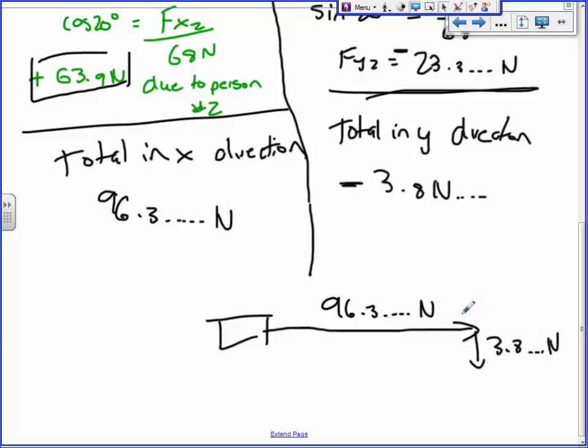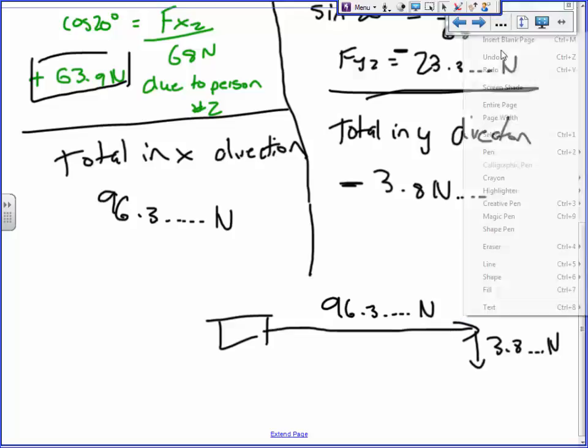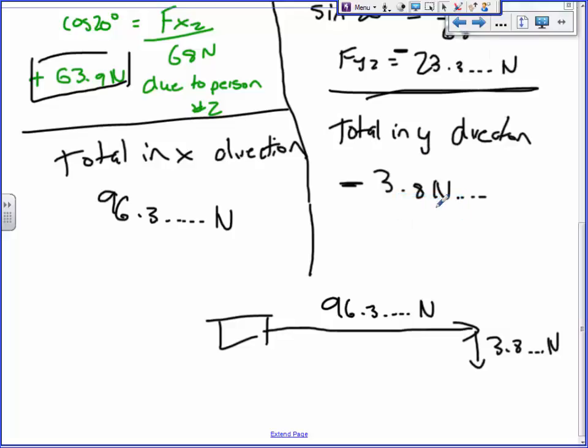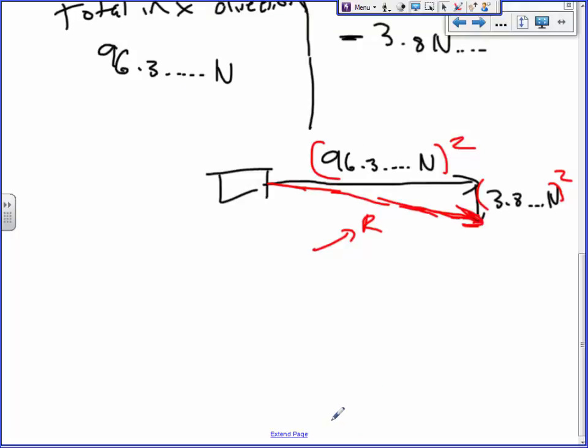Can anyone guess what we're going to have to do? Say that louder. We have to do Pythagoras' theorem. Yeah. Because we have to calculate, kind of like in kinematics, you know how I make you find the velocity of a thing as it hits? That's essentially what we're doing here. We have to figure out what the actual resultant is on this side right here. So we have to use Pythagoras' theorem on these numbers to find out what the resultant would be.